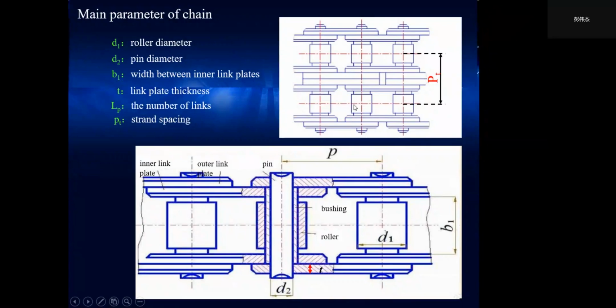For multiple strand chains, the stress between each strand is not uniform. Some of the strands carry too much stress, so the number of strands is usually less than 4 to avoid uneven loading. And these are the main parameters of chain.